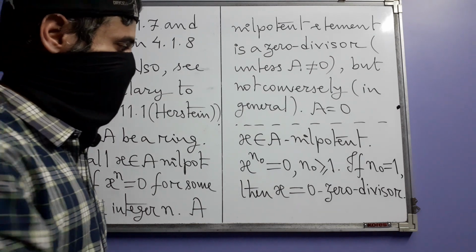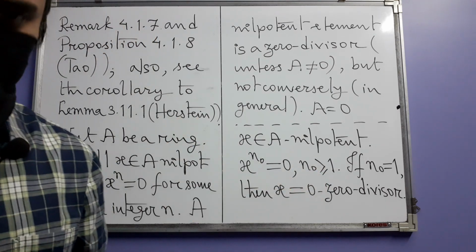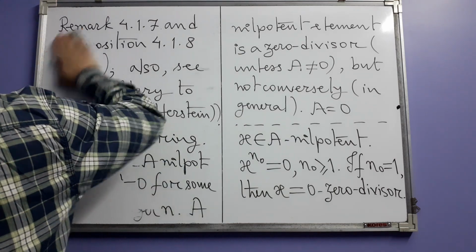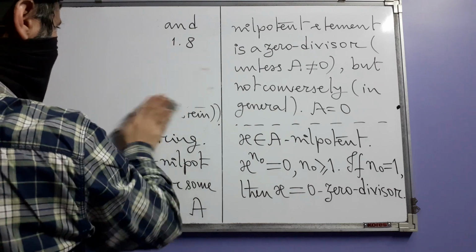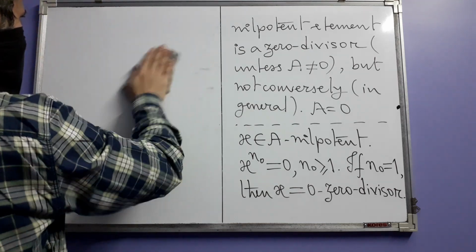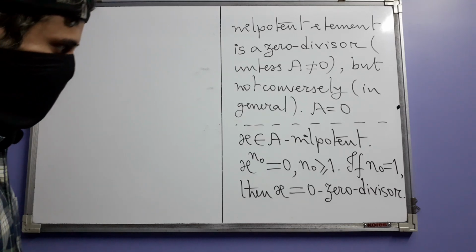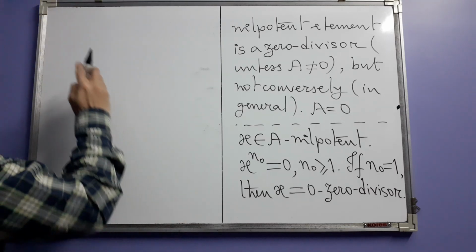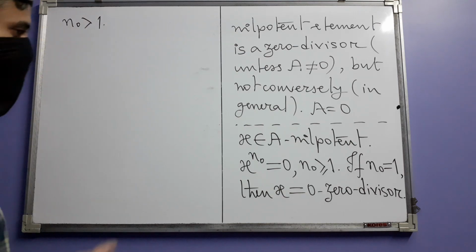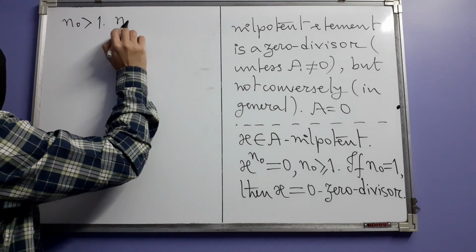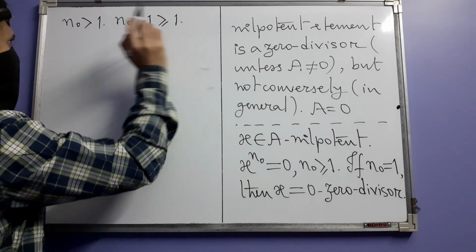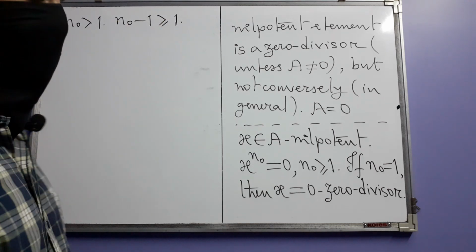But what if n naught is greater than 1 then? Suppose n naught is actually greater than 1, then subtracting 1 from n naught will still keep the difference a positive integer.